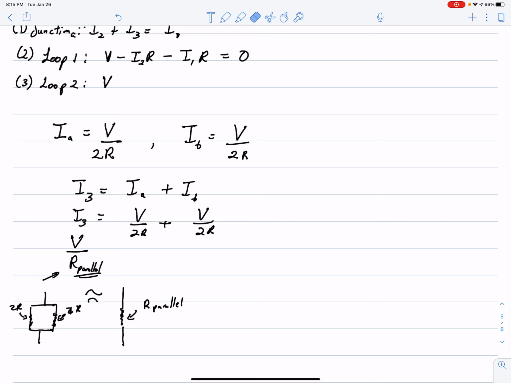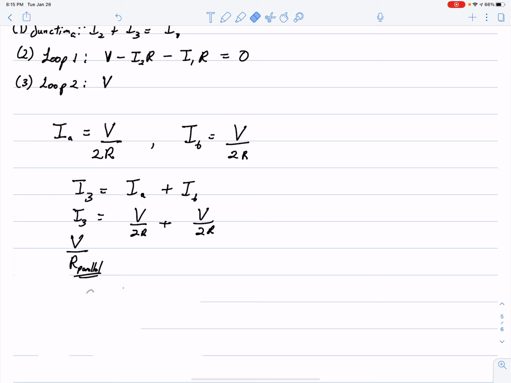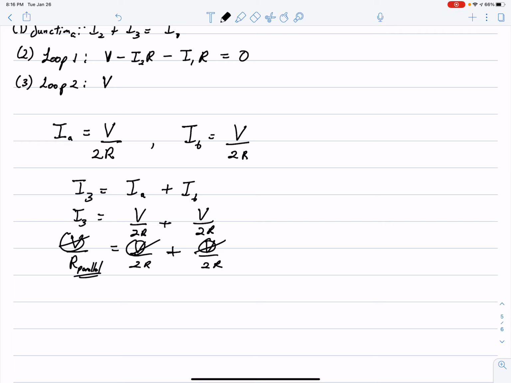Okay? Erasing this. This will equal V over 2R plus V over 2R. And this I will scratch out, because since all these are constant, I can cancel these out.